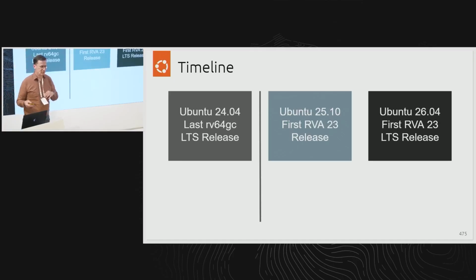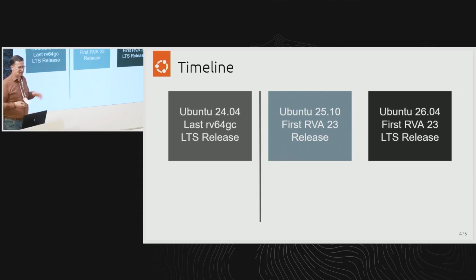So if you look at the timeline of releases, Ubuntu 24.04 is the last release which will support the old hardware, which is just having RV64GC or up to RVA22. And with 25.10, we now have the first release that requires RVA23, which unfortunately means we are leaving the hardware behind with an LTS release.